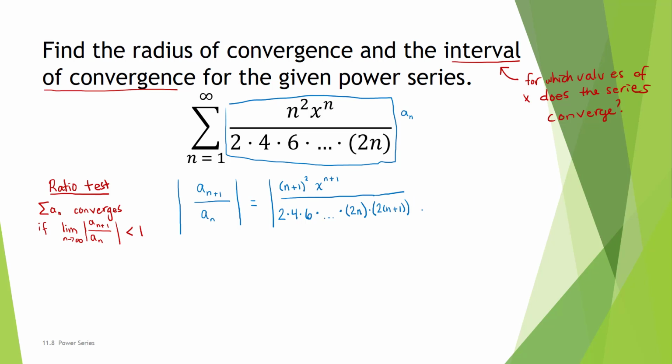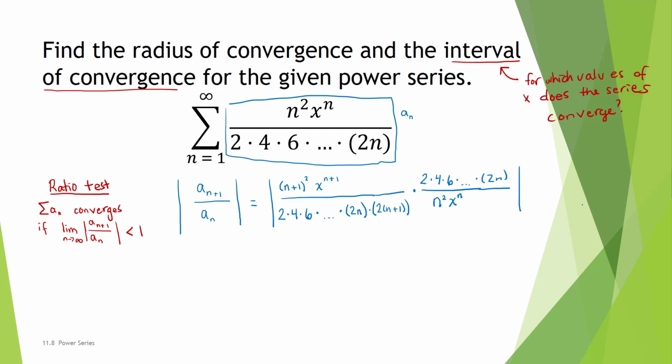Now I need to divide by a sub n, which is the same as multiplying by the reciprocal of a sub n. So I'm going to write the numerator n squared x to the n, the numerator of a sub n, in the denominator now, and this strange product 2 times 4 times 6 up to 2n on the top.